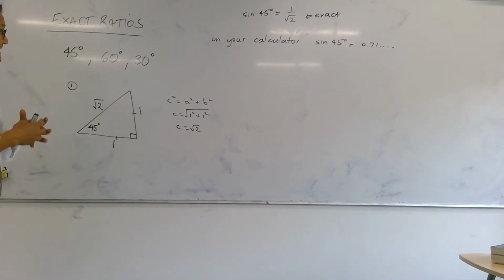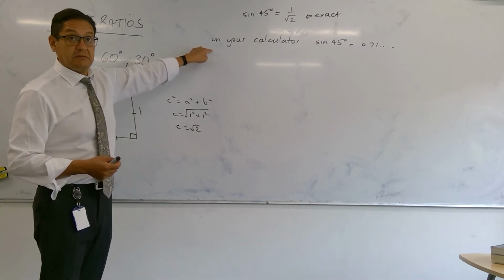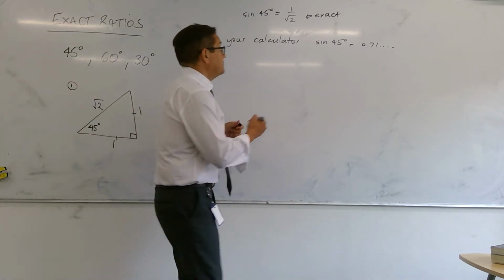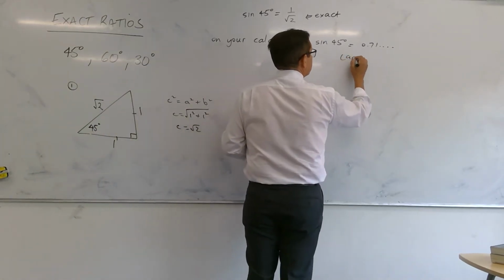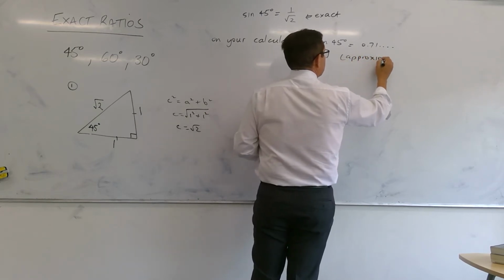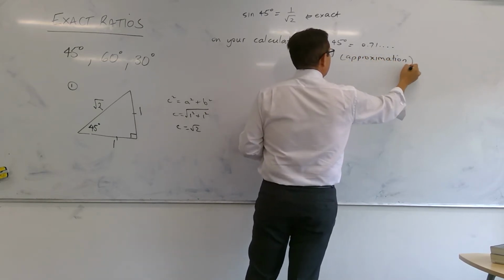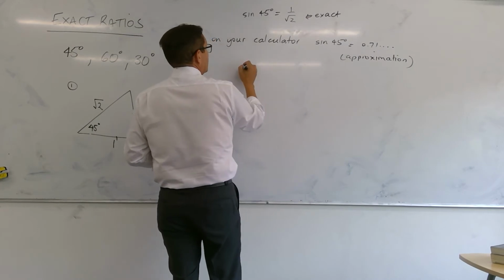If you want an exact answer, because these angles show up all the time, you've got to use the square root. So we don't use this. This is an approximation. Instead, we use that or this.